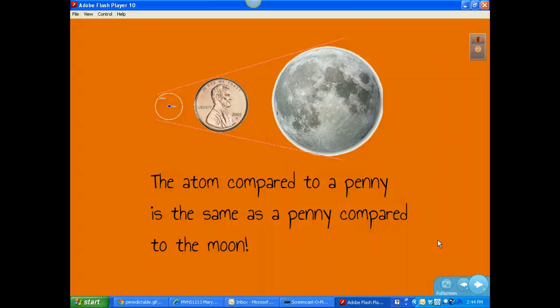How big is that penny compared to the moon, right? It's extremely small, okay? That would be the same as if you were to hold an atom up to a single tiny penny, all right? So when we say a single atom, we're talking extremely, extremely small, even smaller than a single cell, okay?